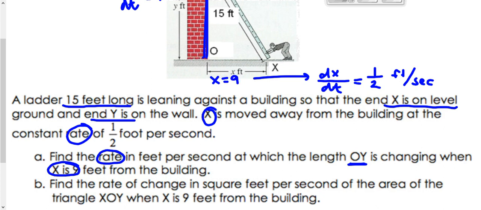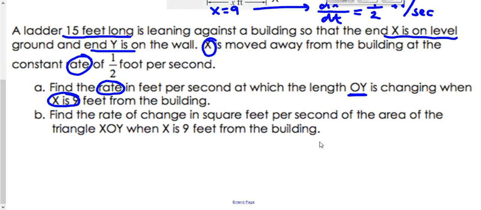So let's see what we can do for part A. We know X is equal to 9, dx/dt is equal to 1/2 foot per second. Y they didn't give us.